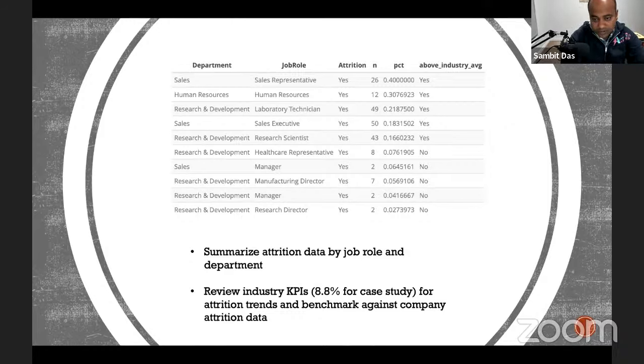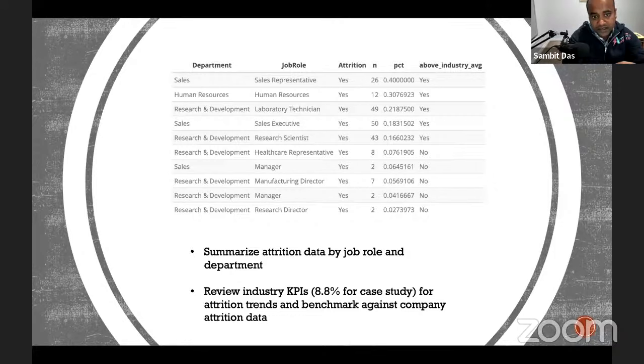So this is not real data. In this case, I was doing an analysis of what is the industry KPI of attrition for the specific company. If I identify that normally you should not have more than 10% or 8.8% in this case, I wanted to understand what is the attrition percentage by department and job role for this company.